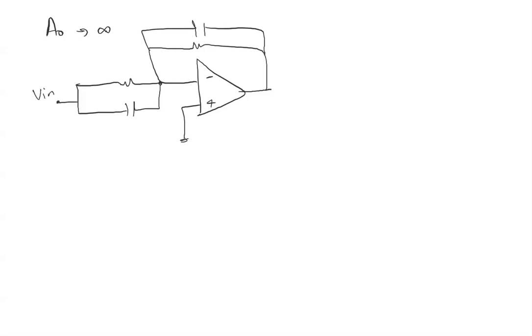So this is Vn, this is V out, R1, C1, C2, and R2. Because A0 is infinity, the positive terminal is equal to the negative terminal, and we will also assume this is a virtual ground.